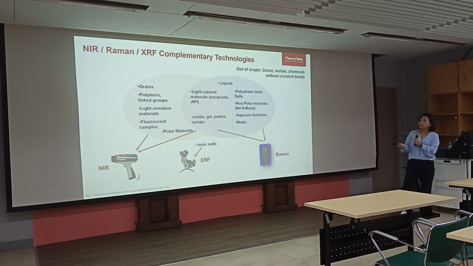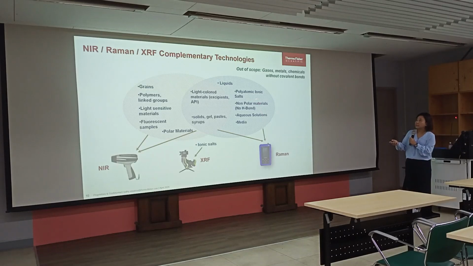These three techniques are complementary. Some materials will be more suitable with NIR, for example grains, natural products, light sensitive materials, and fluorescent samples. Ionic salt will be more suitable in XRF. For samples like very light colors, solid, gel, paste, either Raman or NIR is suitable.